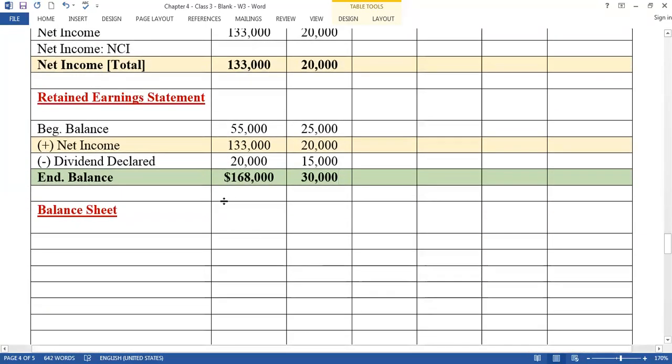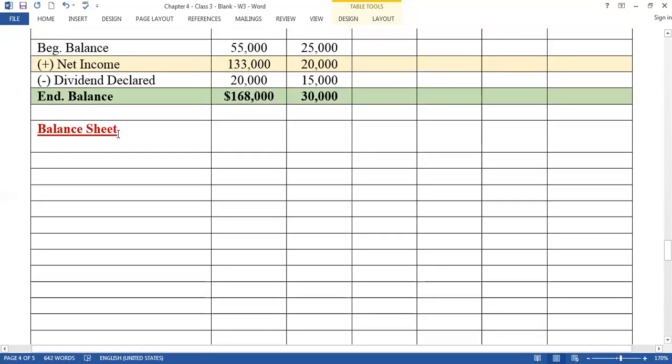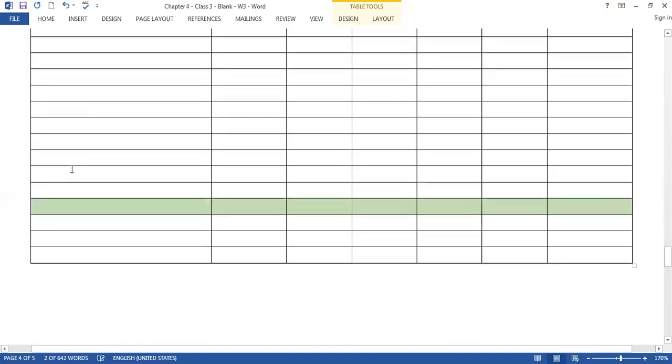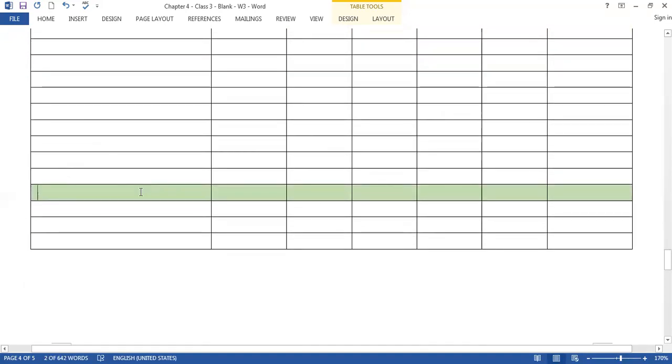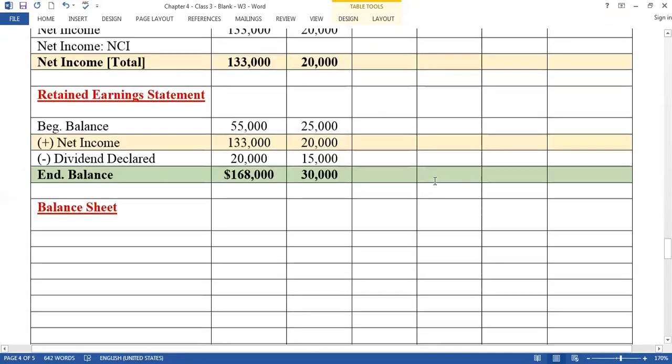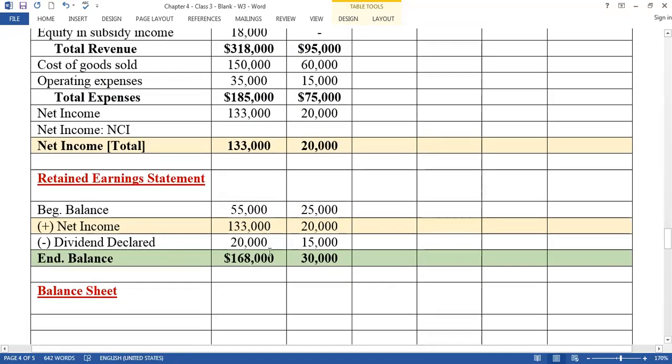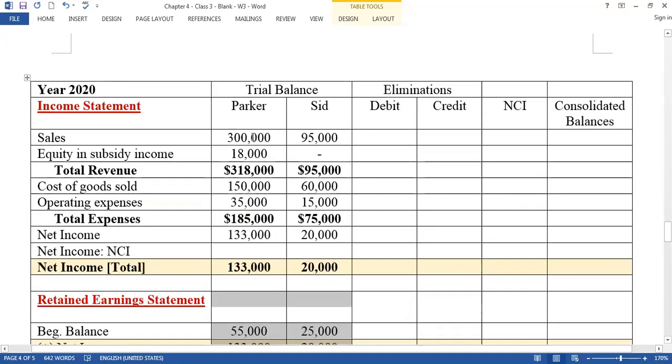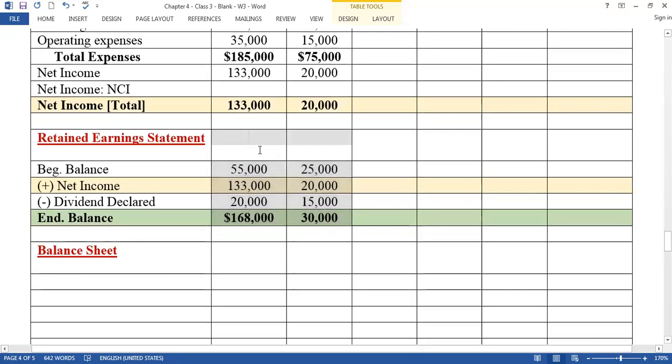So we find the ending balance, and you know that under the balance sheet we should also have retained earnings here, and we'll copy and paste from this cell. We are done with our retained earnings part. We are done with the income statement, we are done with retained earnings.